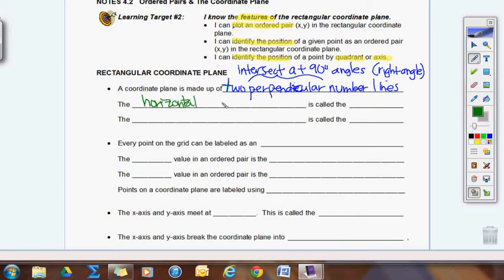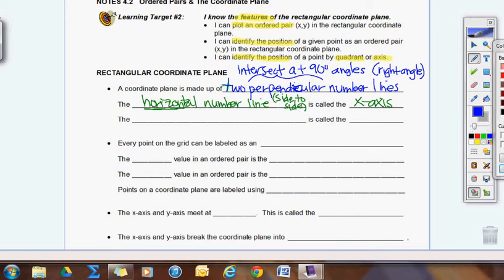When we think about the word horizontal, or look at the root word in there, the horizon, the horizontal number line is the one that goes side to side. We call that the x-axis. That's what we were considering in chapter 3. Going side to side, it's called the x-axis.